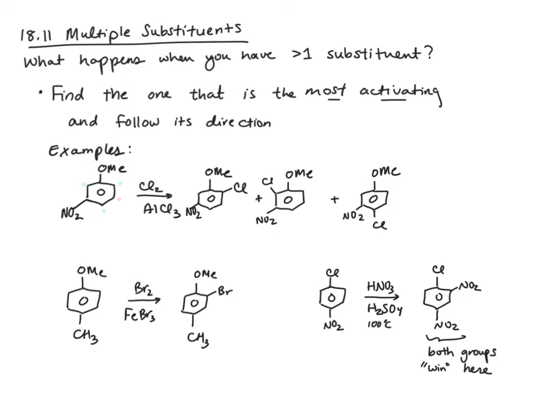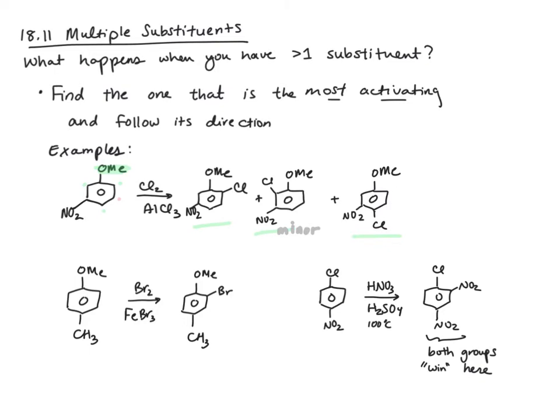Then what we want to do here is award the trophy to the most activating group. And the most activating group here is methoxy, and we know that because nitro groups are deactivating. So in our products, we're going to see chlorine at the 2 ortho positions as well as the para position to the methoxy group, although we should note that this product in the middle is probably minor because of steric effects of being between the methoxy and the nitro groups.